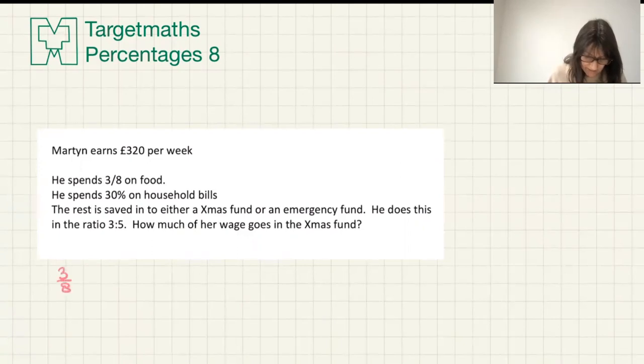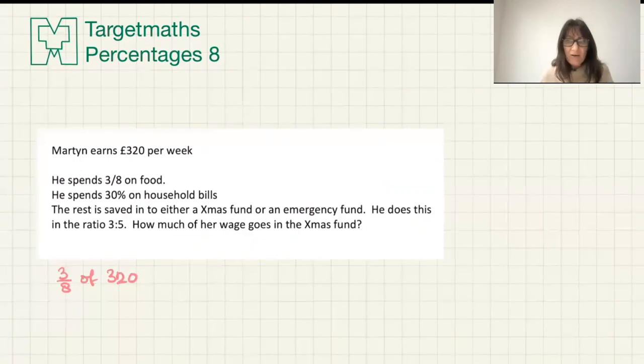So 3/8 of 320. Now, if that's in a calculator, boom, it's straight away done. If it's not, it's divide by the bottom, times by the top, times first if you want to, because 8 goes into 32 really easily. 8 into 32 goes 4, that's going to give me 40. 40 times 3 is 120.